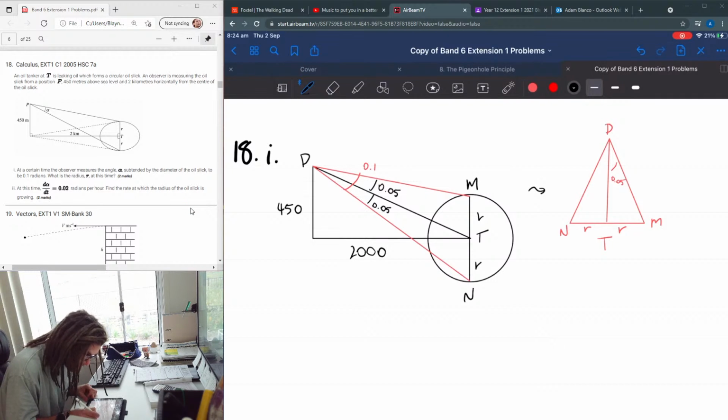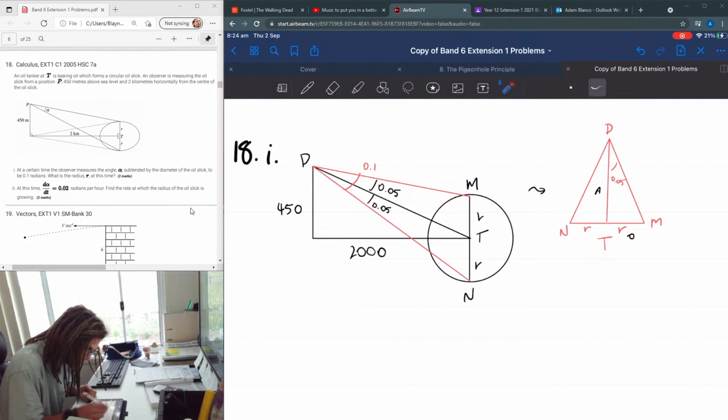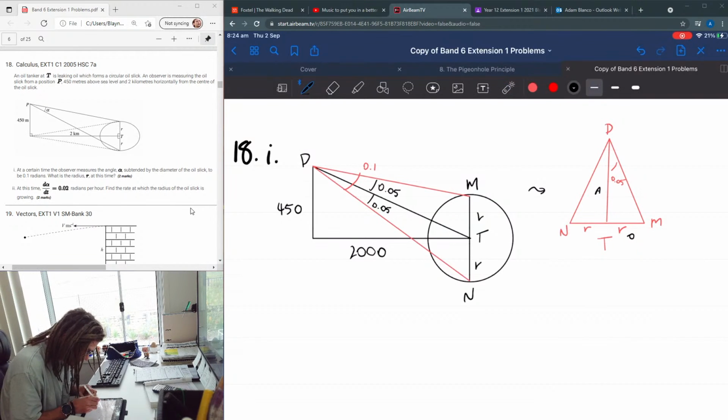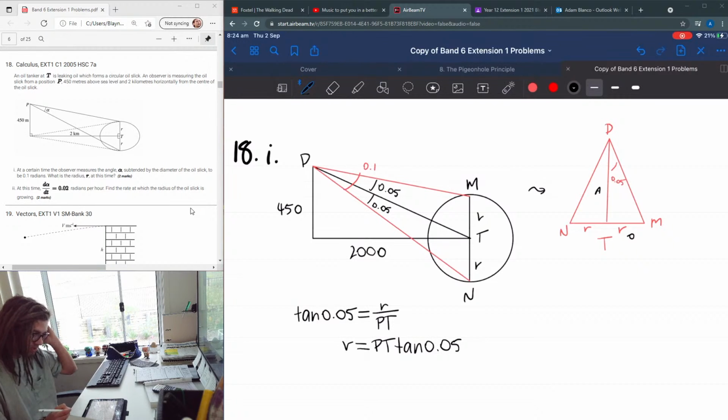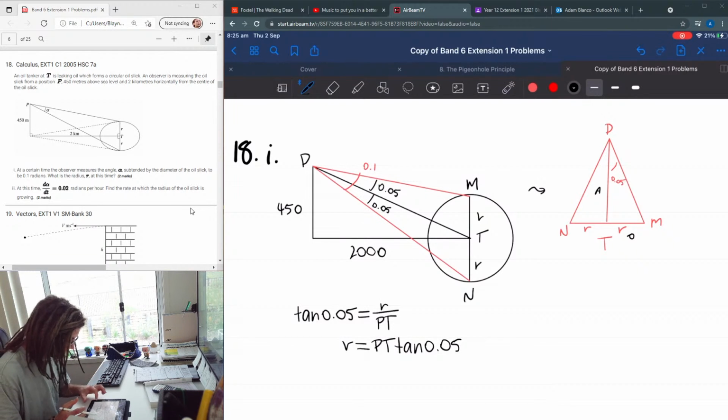Looking at the right-hand triangle there, with opposite and adjacent, tan 0.05 is equal to R over PT. So R is equal to PT tan 0.05. Is that all right so far? I like to start where I want and then figure out what I need.